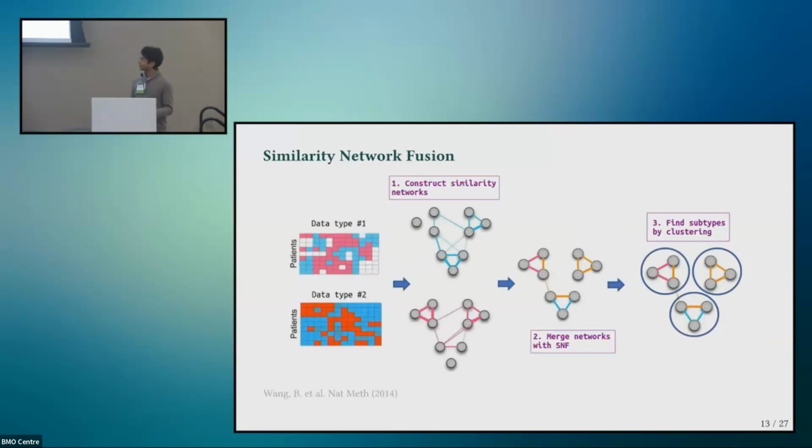Our main clustering tool that we're making use of is this technique called similarity network fusion that enables cluster analysis to happen over very diverse types of data. So the method involves calculating how similar the kids are to each other based on one data type at a time, so maybe just neuroimaging or just demographics.